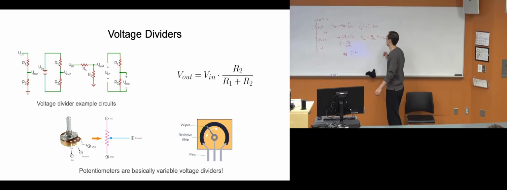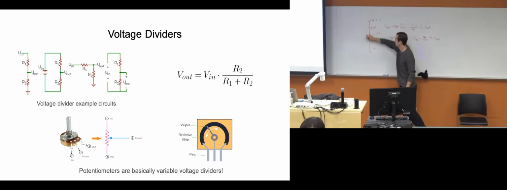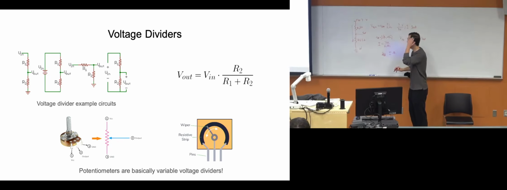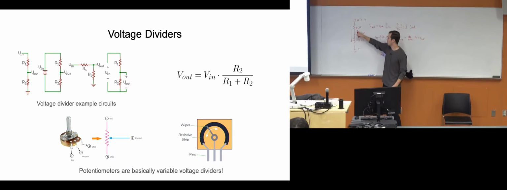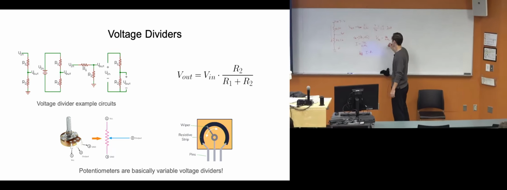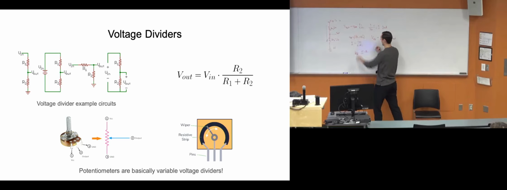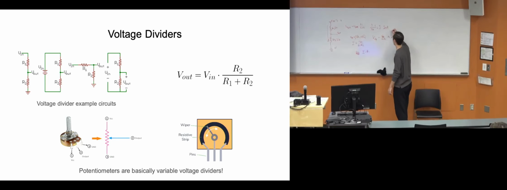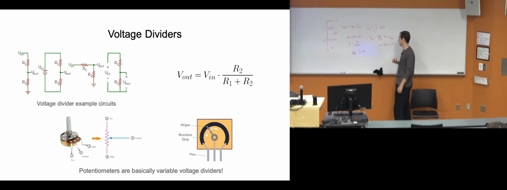Good? Okay. So now that we know how much current is going through the whole system, we can find out the voltage drop across this resistor only, right? Because before we solved the current for the total thing, but now we can solve it for just over this resistor with V equals IR. So we know we're solving for V. We know there's 1 milliamp going through here, and we have a 1K resistor, okay?